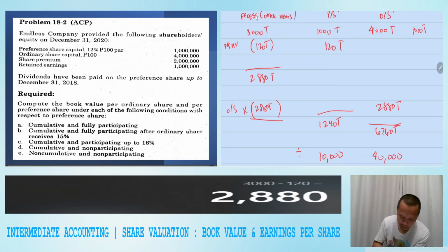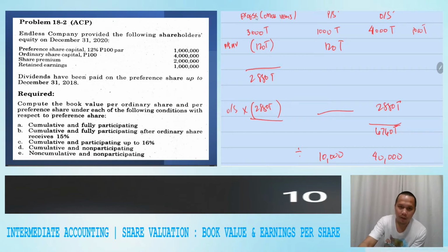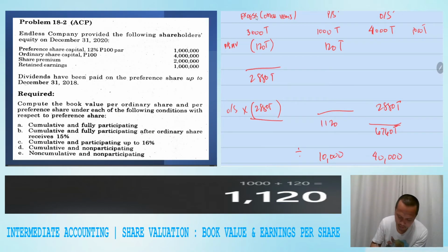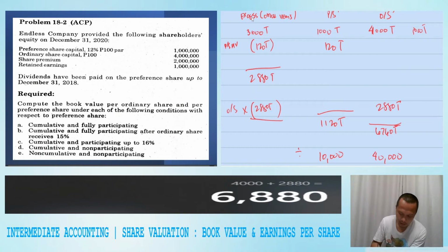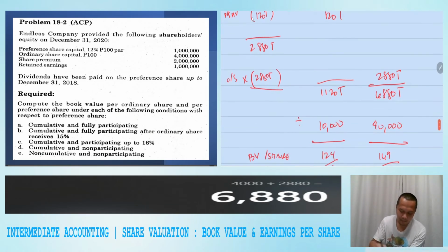So the total stockholders equity of the preference share, 1 million plus 120, so we have 1,120,000. And for the ordinary share, we have 4 million plus 2,880,000. So that is 6,880,000.